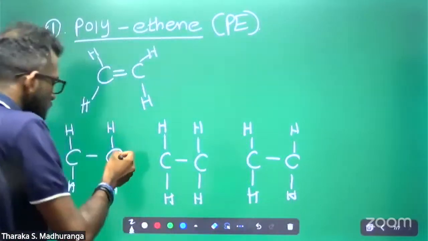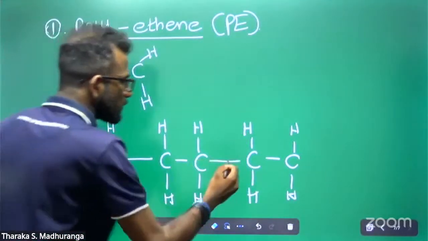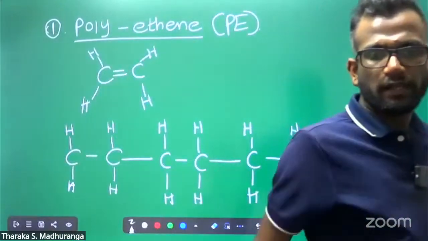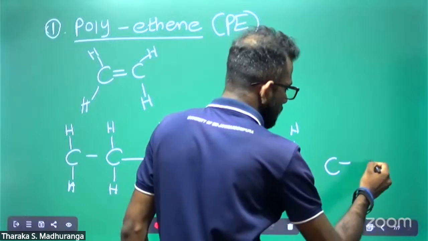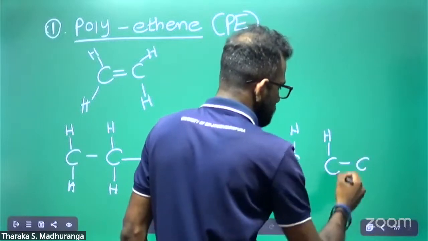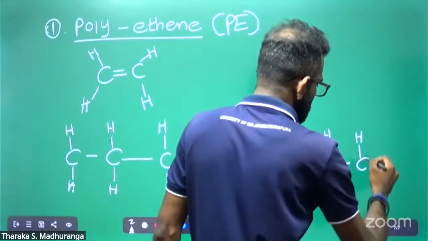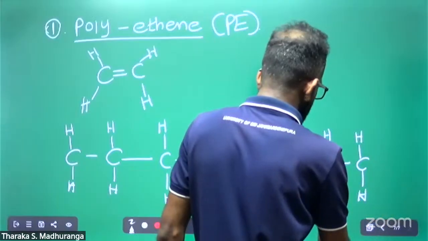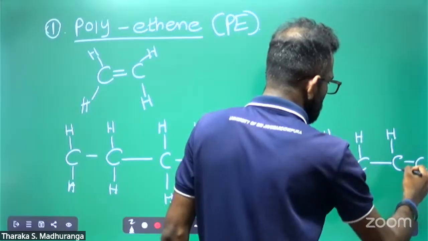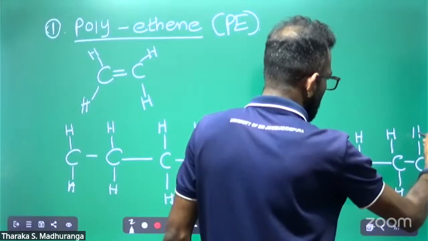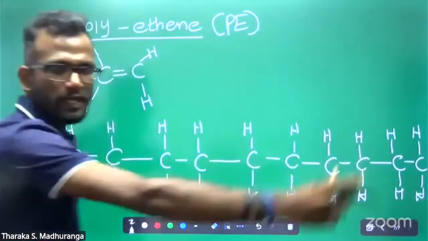Then, for stabilization, each one combines like a chain. Combined like a chain, that's polyethylene.